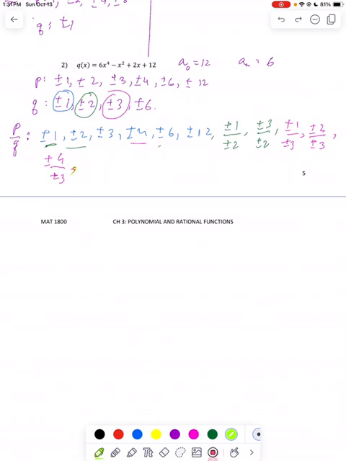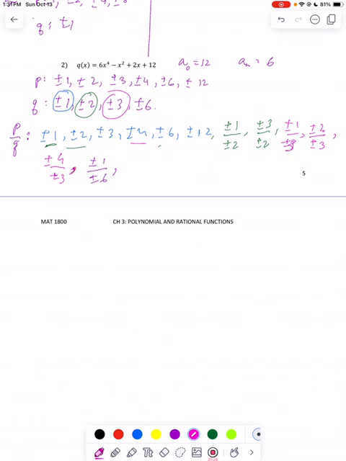So we have plus minus 1 over plus minus 6, comma, plus minus 2 over plus minus 6, that will give me 1 over 3. Do I have that? Yes. You see, we have it over here. So we will not write plus minus 2 over plus minus 6.